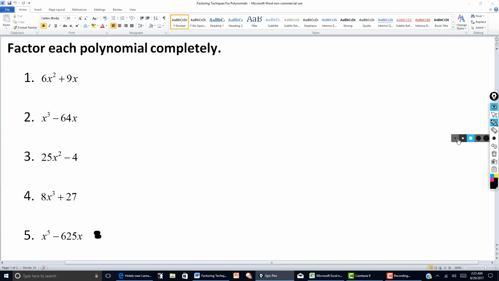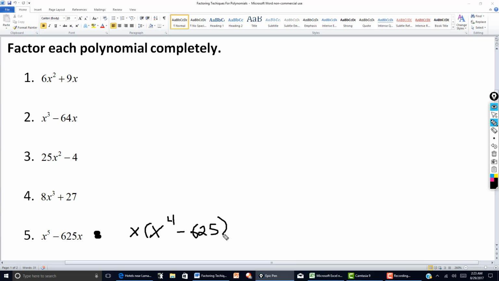So we have a common factor of x, so we take out the x, and that'll leave us with x to the 4th, taking out the x, and taking out the x from the second term, this is 625. Okay, so the first step again was to take out the common factor, x.